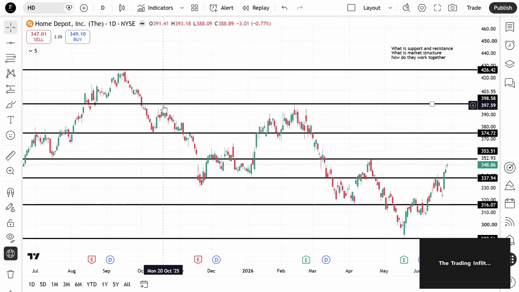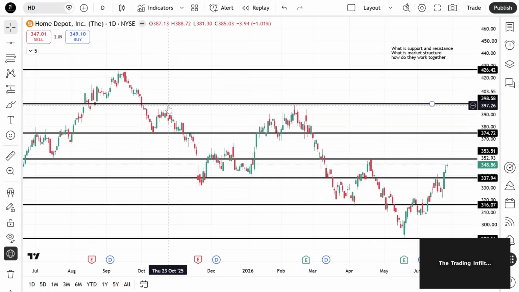Price came up to this level and it popped, so technically, this is a support line, right? But price broke through the support line, and now this specific line here is resistance. Price never came back and touched it.